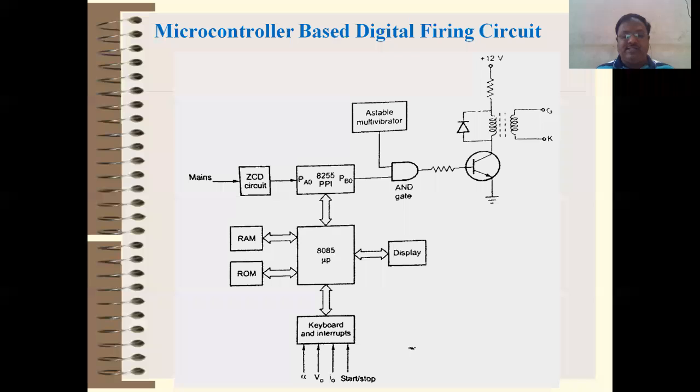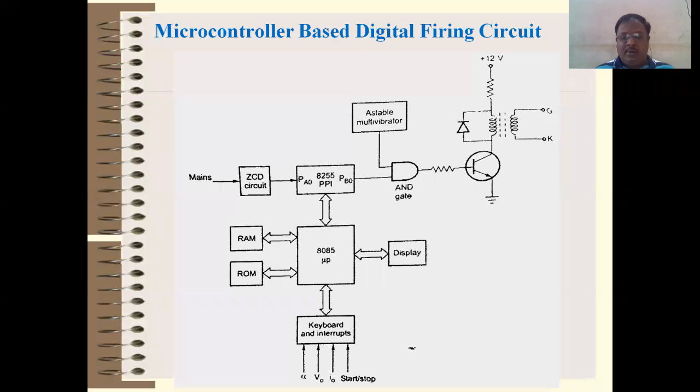So mains is given as an input to the ZCD. This ZCD is a zero crossing indicator. As we know, the output of ZCD is a square wave. So the ZCD circuit produces pulses, either positive saturation or negative saturation at the output of ZCD.